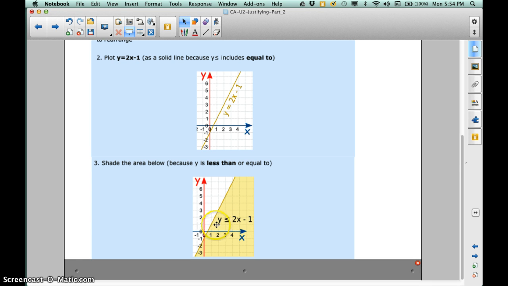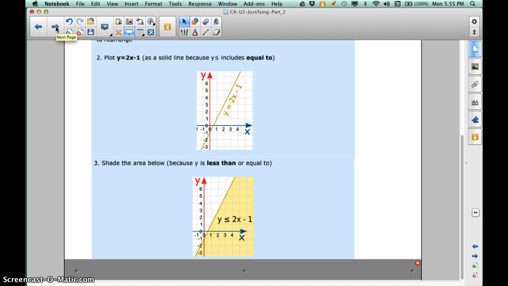In this case, 0 is less than or equal to 8 minus 1, which is 7, and 0 is less than 7. Since this point in the shaded area makes a true statement, you can assume that every point on that side of the line will also make a true statement if you've graphed the line correctly.